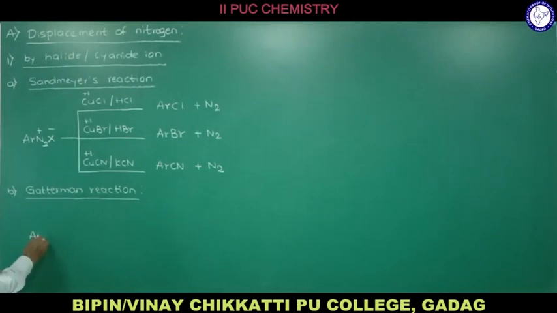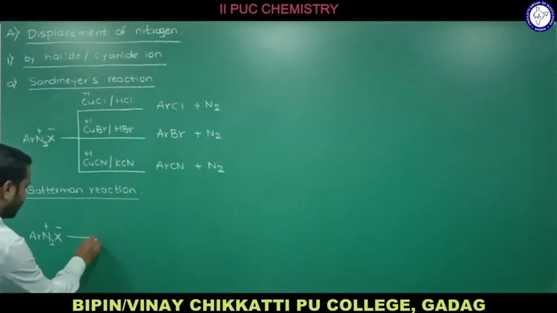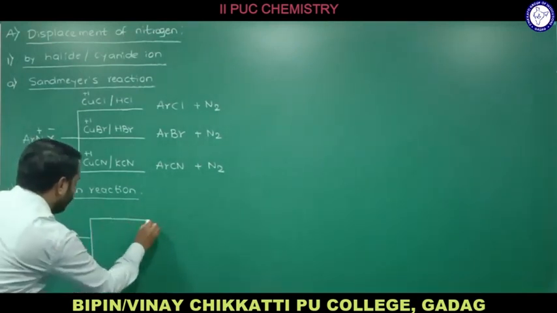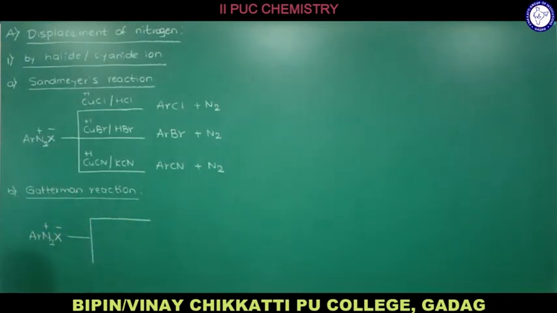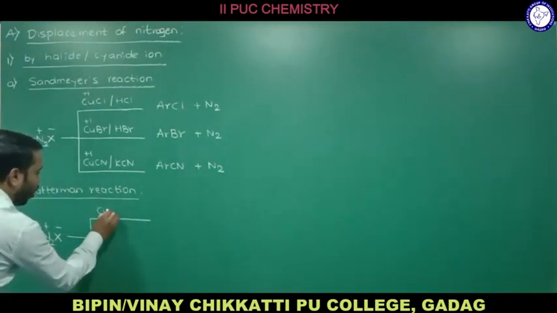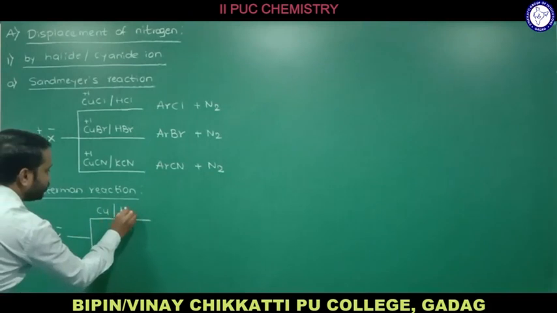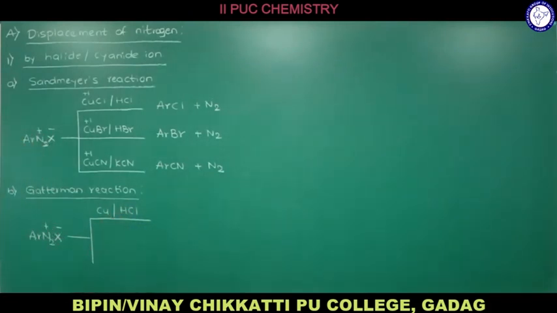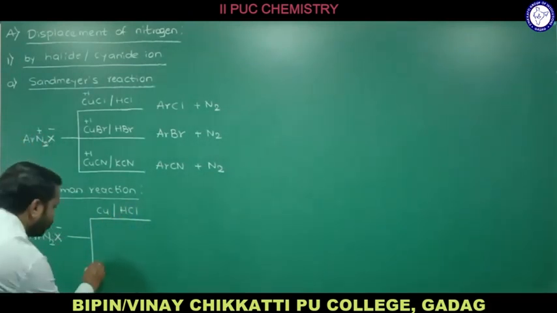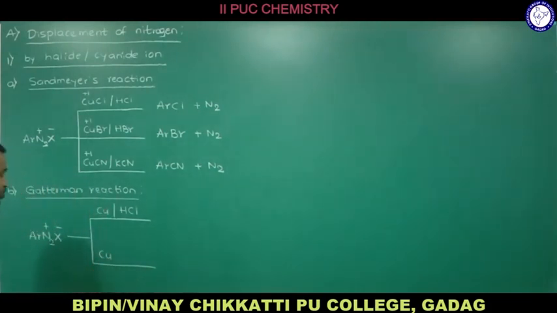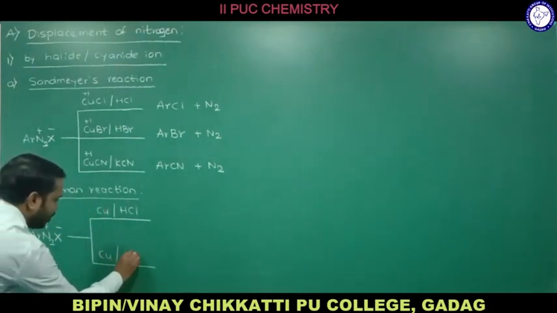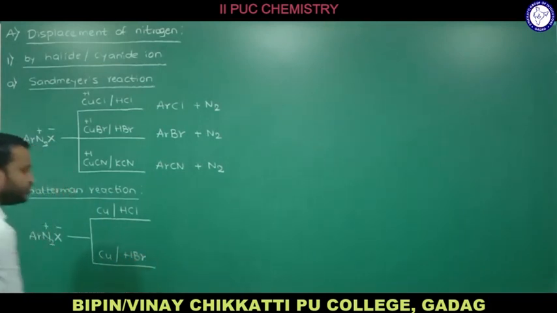I consider the arene diazonium salt. Here I am going to write two reactions. The first reaction is when the arene diazonium salt reacts with copper powder in the presence of the respective halogen acid. The second is when the same diazonium chloride salt reacts with copper in the presence of hydrogen bromide.